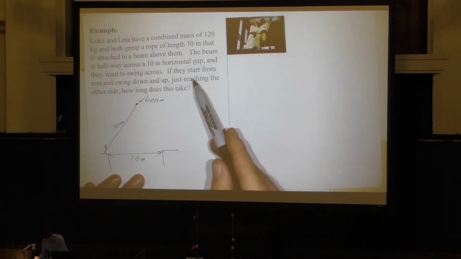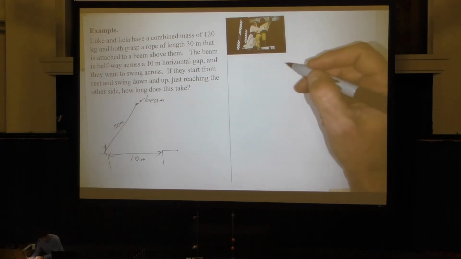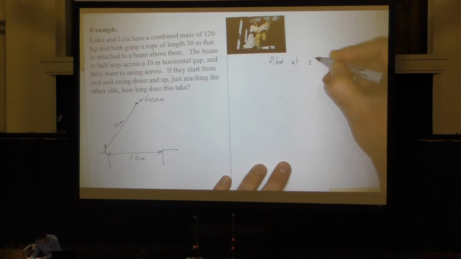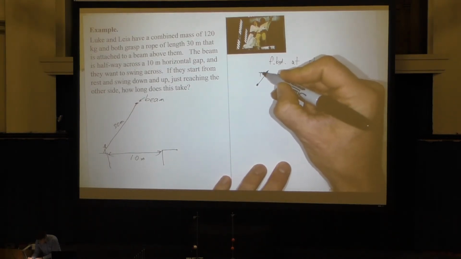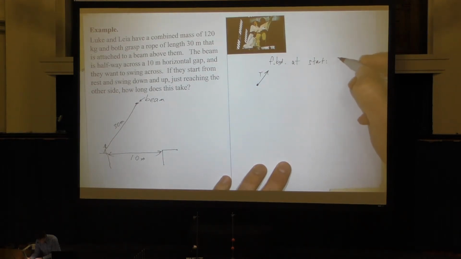And it actually asks, if they start from rest and swing down and up, just reaching the other side, how long does this take? So you can draw a free body diagram at the start, which will look like this. You'll have tension acting up, just as they let go, I guess, after jumping. So there's no normal force.